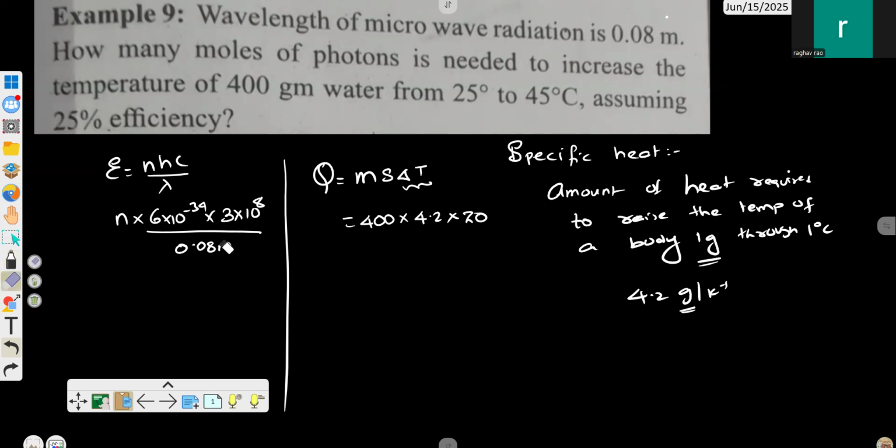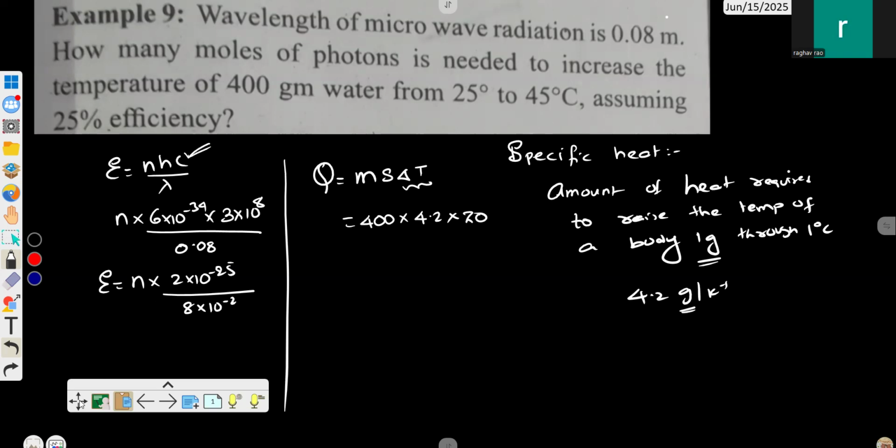As I have already taught you, you have to remember this hc value in joules and also in electron volts. In joules, the value would be 2 into 10 power minus 25. In electron volts, the value would be 12,400. So let us use that to find the energy of the photons, which is 2 into 10 power minus 25 upon 8 into 10 power minus 2. This is the amount of energy that has been given by the photons.